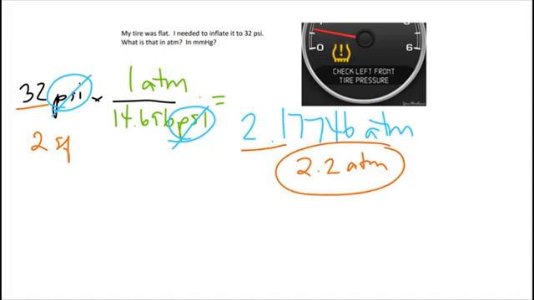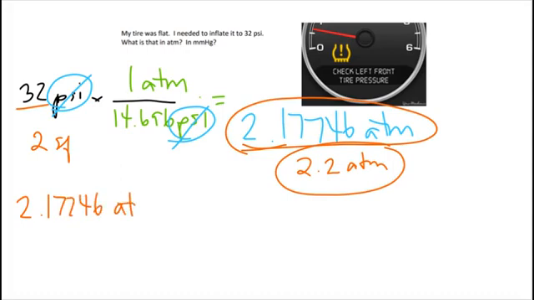Now, to get to millimeters of mercury, I can do one of 2 things. I could start with my 32 psi and go psi to atmospheres, but I already did that here, because I can't go right from psi to millimeters of mercury. I've got to get to atmospheres. So I'm just going to take this answer that I got from over here before rounding, 2.17746 atm, and let's then do my conversion to millimeters of mercury.